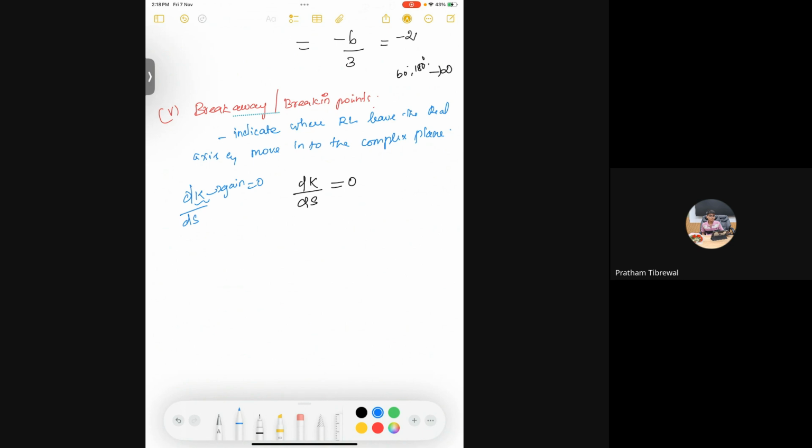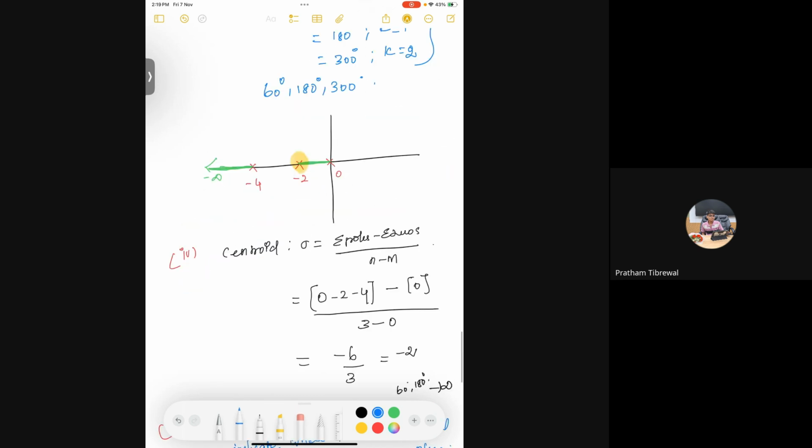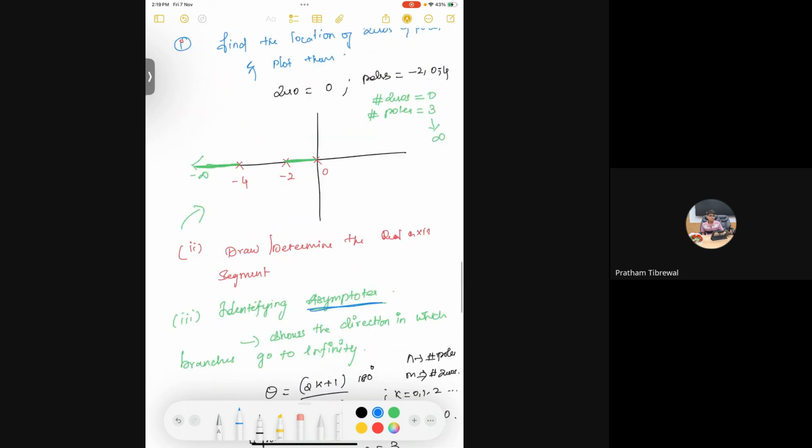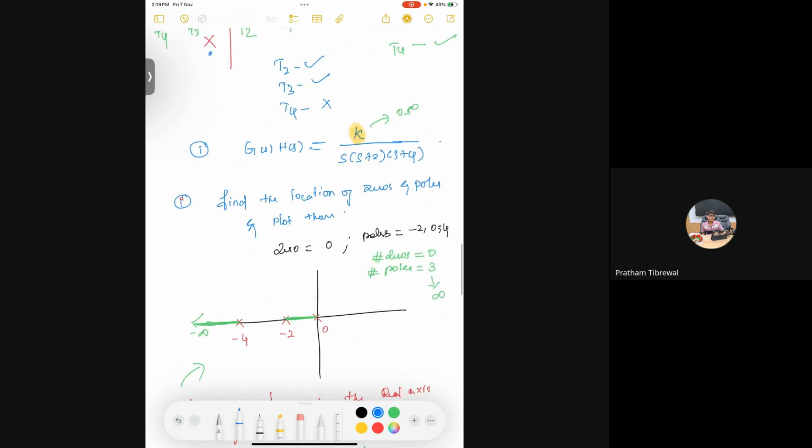Now how to do this? I have to first equate my G of s H of s, which I have given.